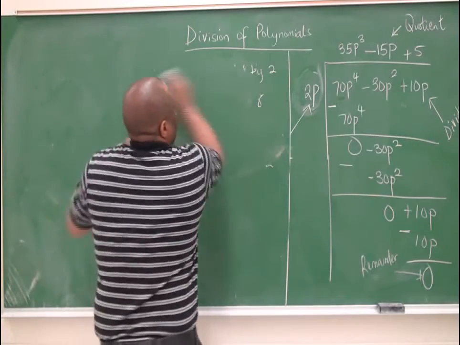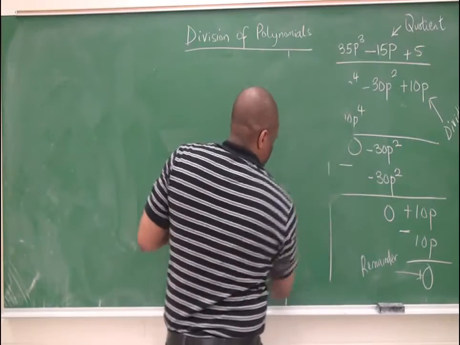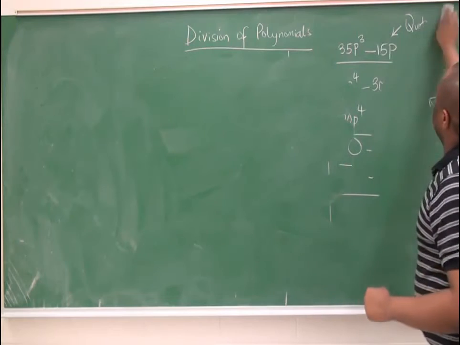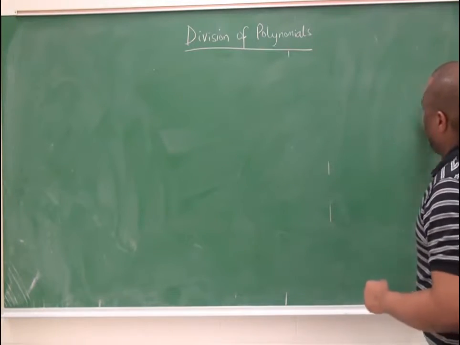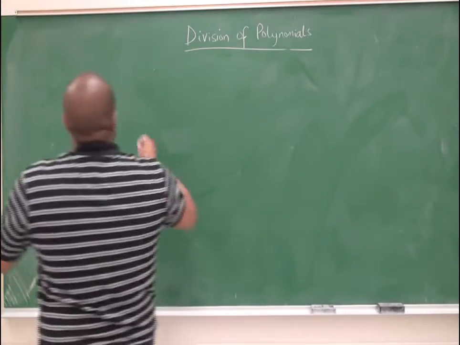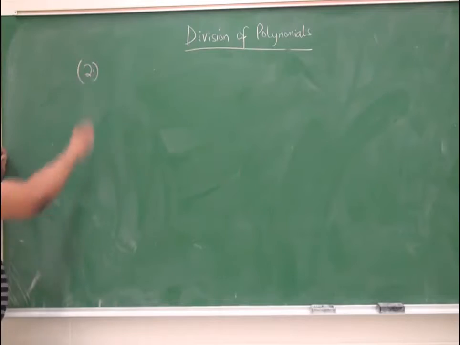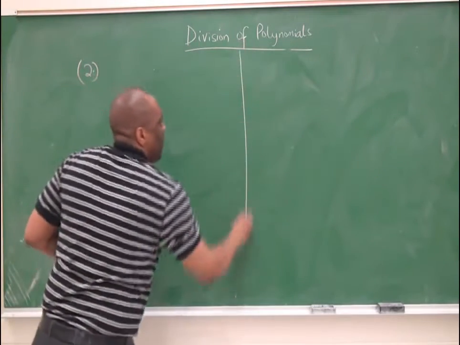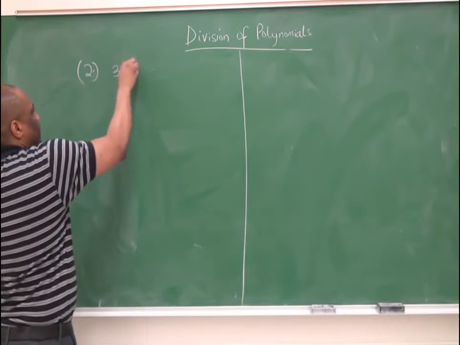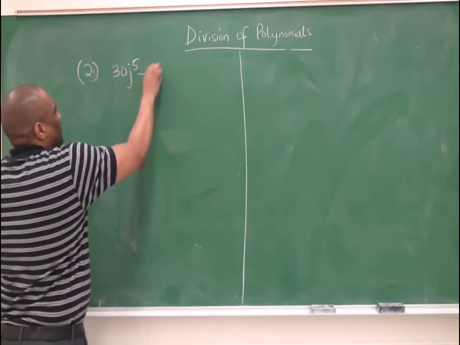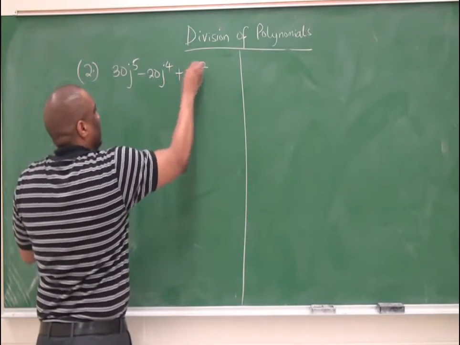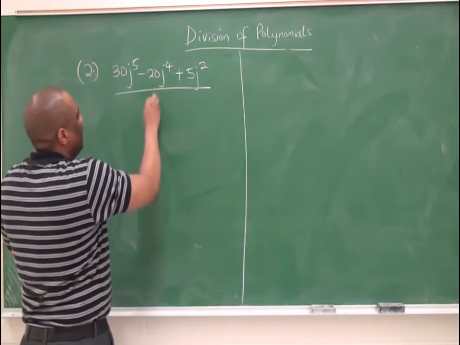So we're going to solve other questions as well. I'm going to use the two parts of this board so I can solve other questions. Okay, question 2: 30J^5 minus 20J^4 plus 5J squared, all over 5J squared.